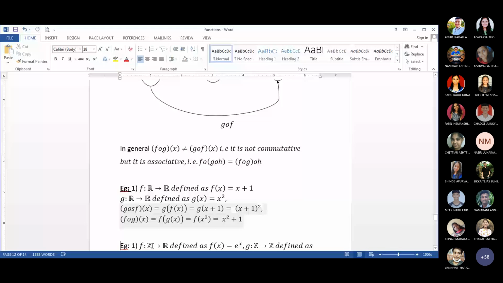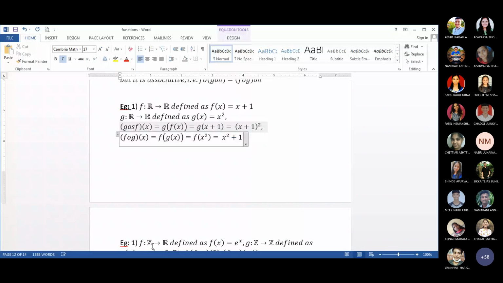Now we discuss some examples. We have a function f which is defined from the set of real numbers to the set of real numbers, and it is defined as f of x is x plus 1. G is a function from real numbers to itself, which is defined as g of x is equal to x square.